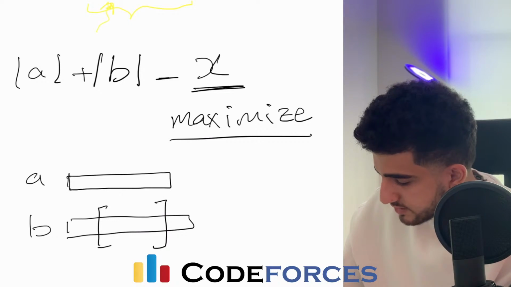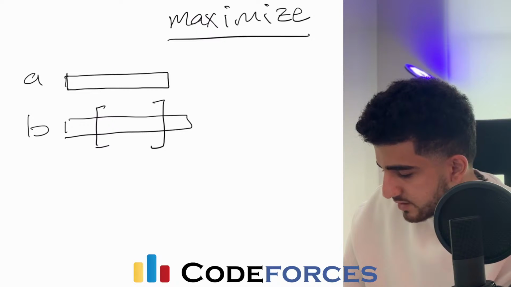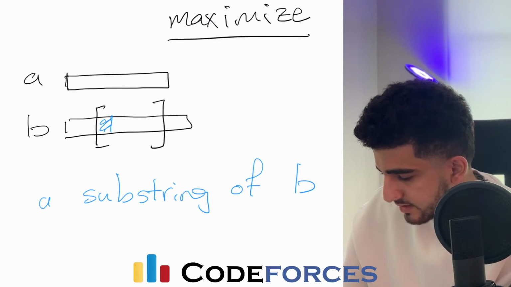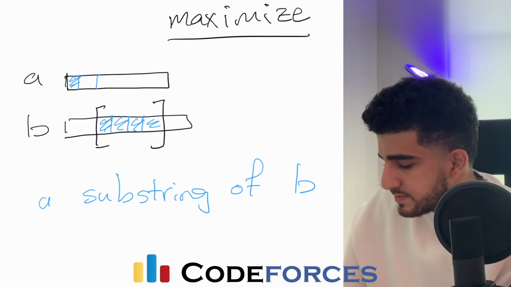So in other words, I'm saying that I want to find an interval in B, a substring of B, for example, these letters, such that these letters are a subsequence of A, like this.